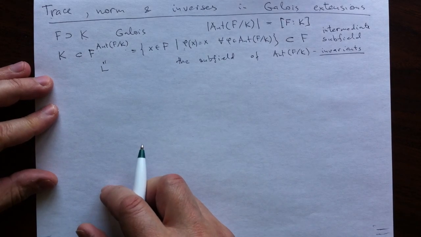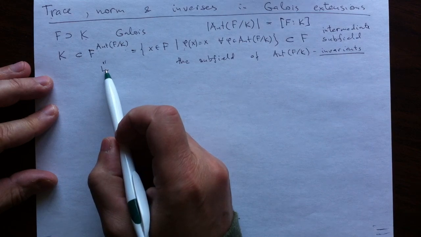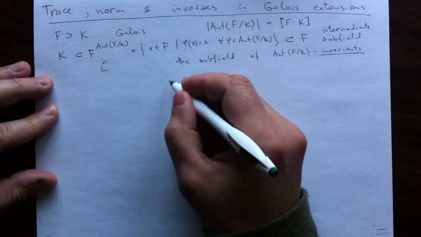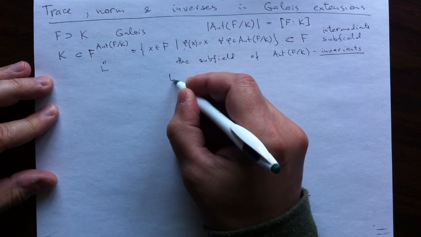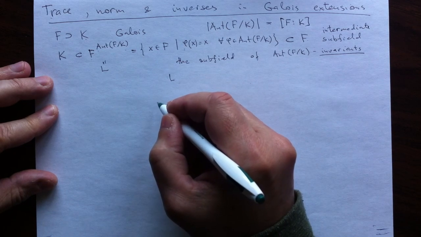So let's look at what we have. Well, we have L, this subfield of our interest, sitting inside F. So we can compute the index.